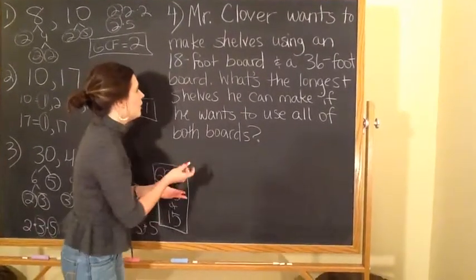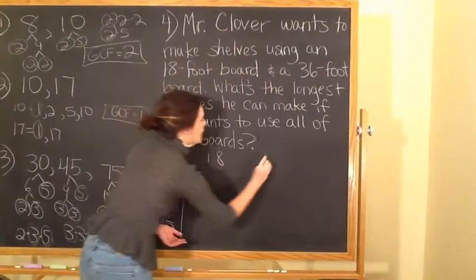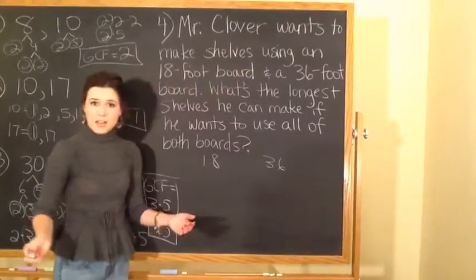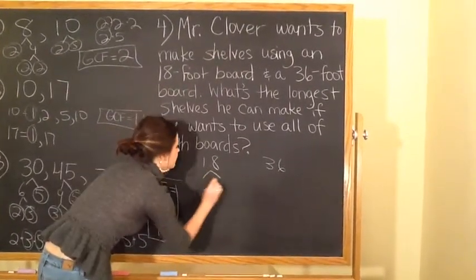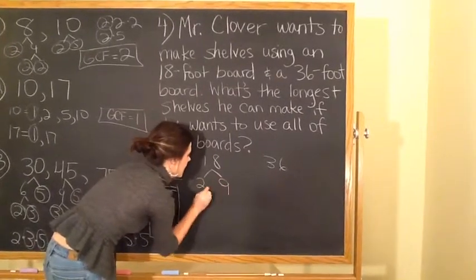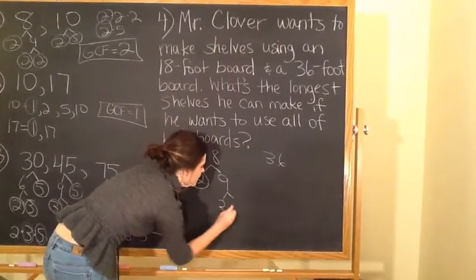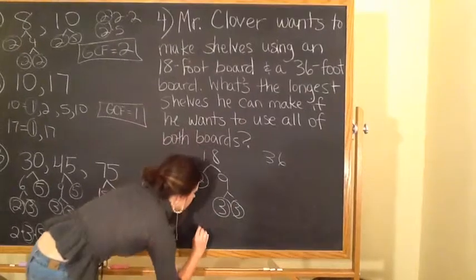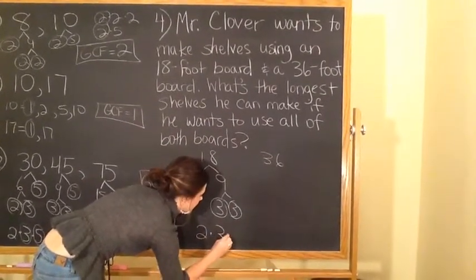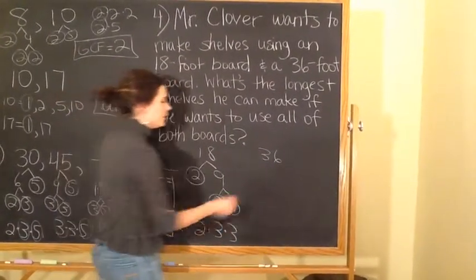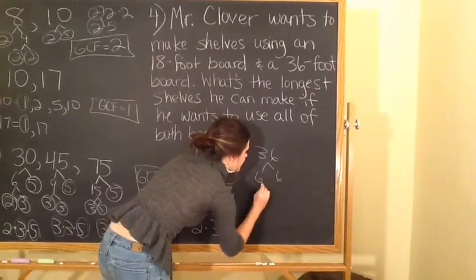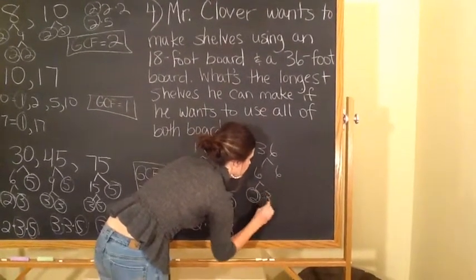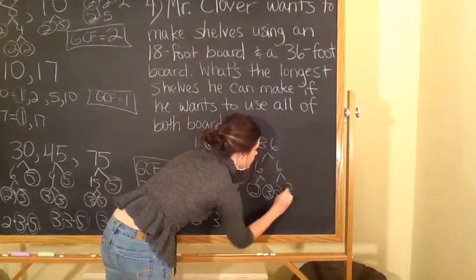So I'm going to go ahead and do 18 and 36. I'm going to go ahead and do the prime factorization to solve. So 18, we have 2 times 9, and then we have 3 times 3. So we have 2 times 3 times 3. Now let's break down 36. We have 6 times 6, so that's 2 times 3, 2 times 3.